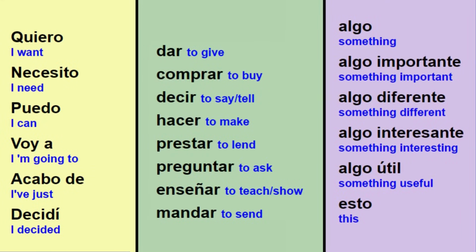And now it's time for some speaking. Just say these sentences in Spanish. Use the grid as much as you want, or you may want to look away occasionally. How would you say, I need to tell you something? Necesito decirte algo.